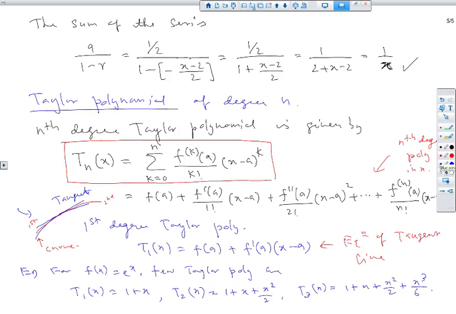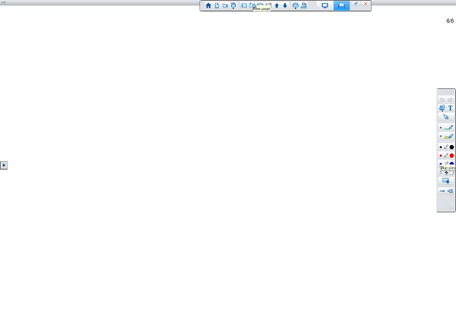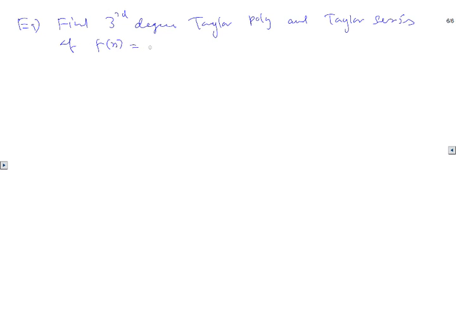Let's do an actual problem here. Let's find a Taylor polynomial of degree 3 of a certain function. Find the third degree Taylor polynomial and the Taylor series of f(x) equals e to the x at a equals 2.